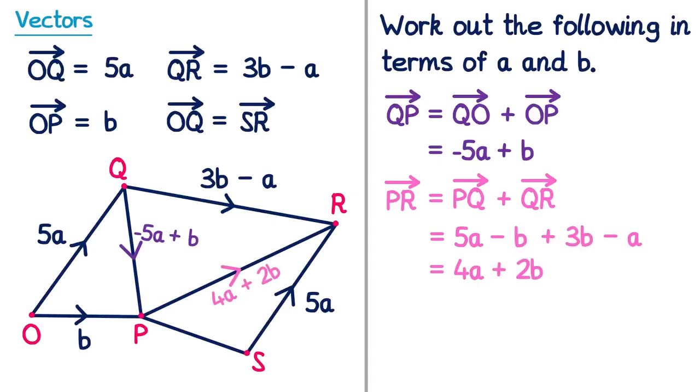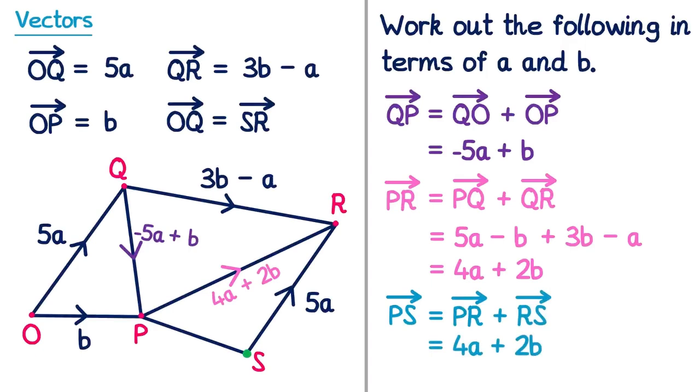Now we're going to do one more vector on this diagram. We're going to do the vector from P to S. So to get from P to S, we'll take that green dot and we'll go from P to R first. So that's the vector PR. And we're going to add to this the vector from R to S. So RS. We can see PR, we just found that one. It was 4a plus 2b.